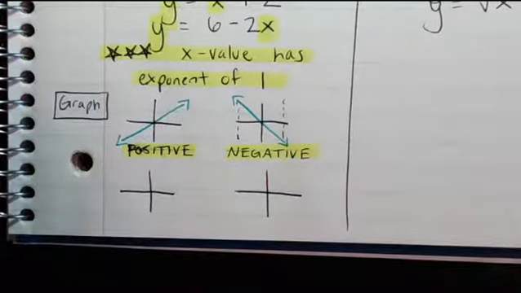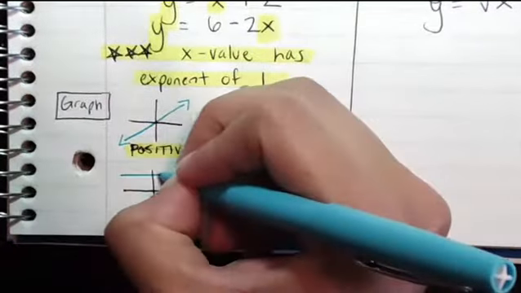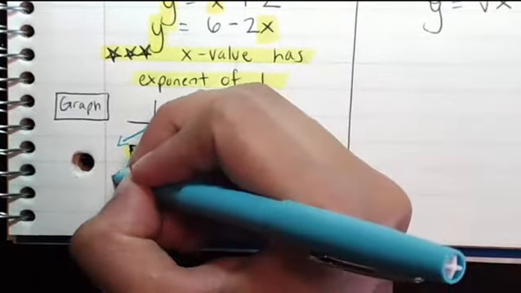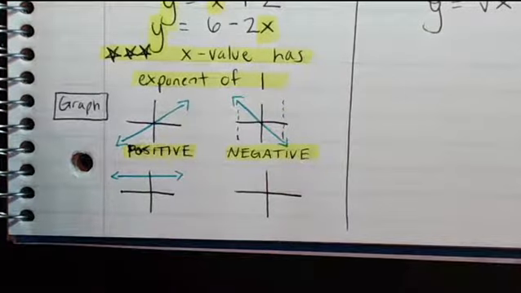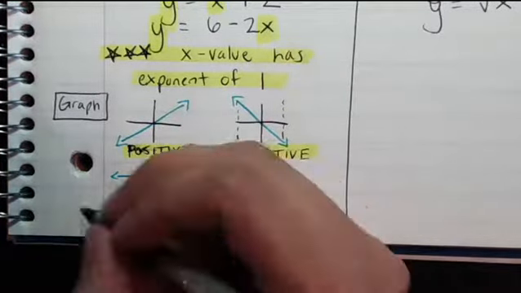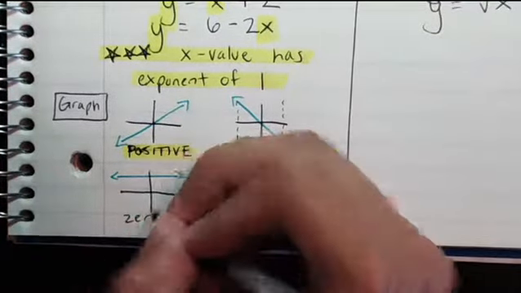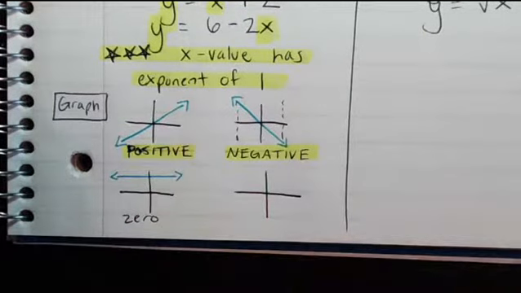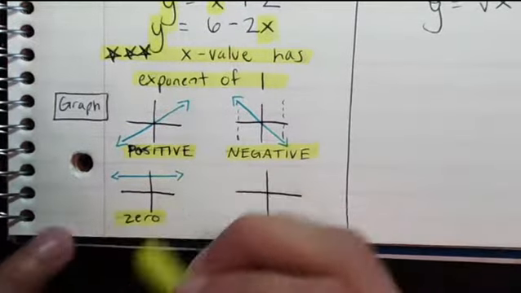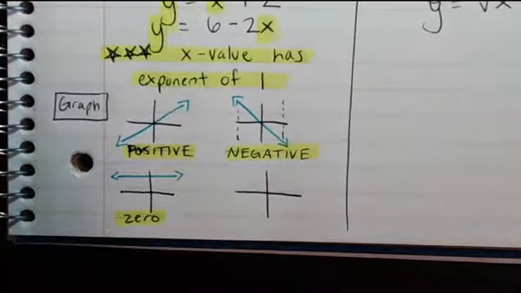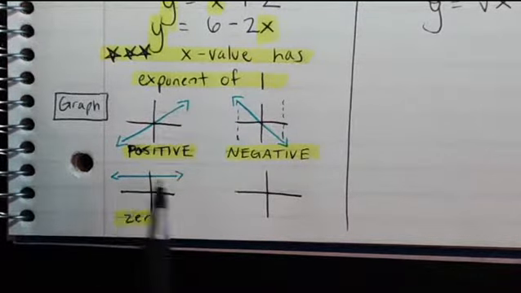The next 2 you're going to have to memorize. This is considered linear because it makes a straight line, doesn't change directions. And what this is called is a zero slope. It's not going up or down, it's just a zero slope. Now, what type of line is this?